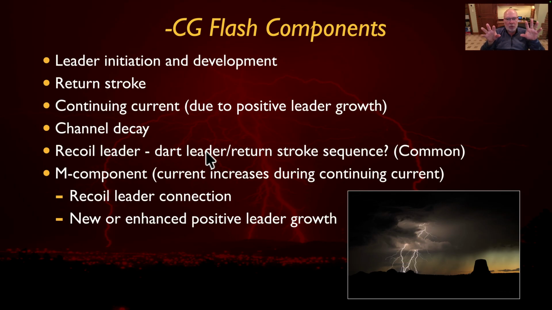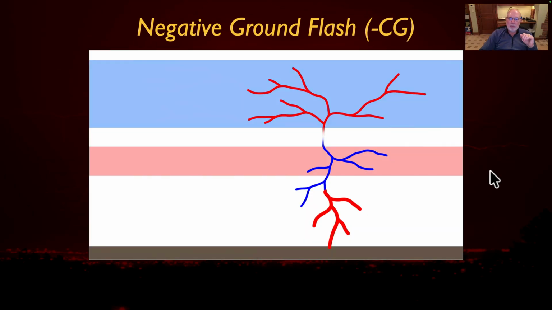They don't move other than the motion within the storm. So that charge can't just suddenly move or be like a straw as far as draining down. It's the leader moving through the charge. And so if that leader continues to grow, and then there are subsequent recoil leaders on various branches, we call those M components, and we'll show those here in a minute.